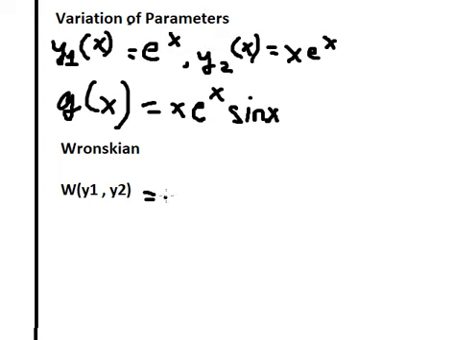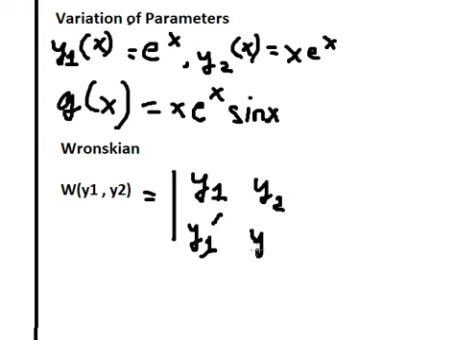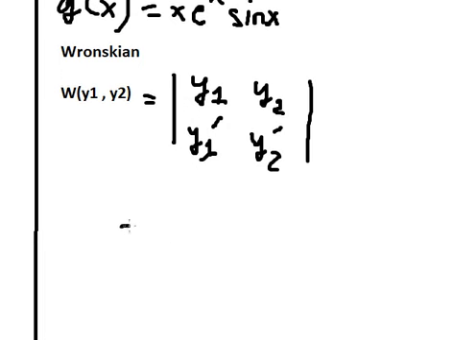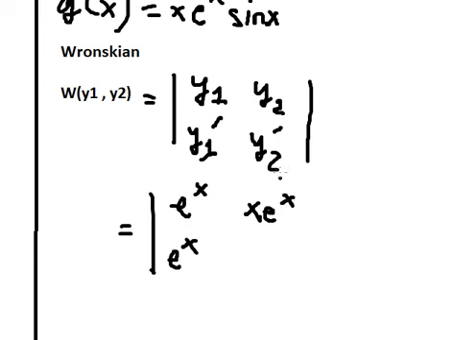We have the matrix: y1, y2, and the first derivatives of y1 and y2. So y1 is e to the power of s, and the first derivative of y1, we keep the same. This one, s e to the power of s. If we do the first derivative, we have like this.